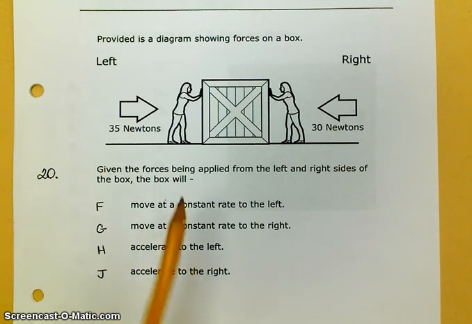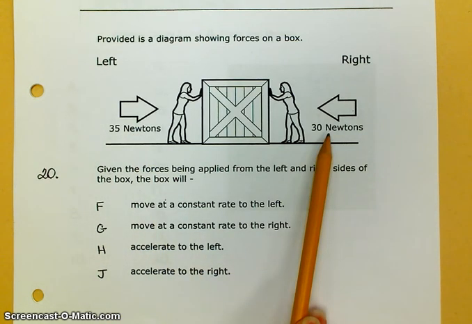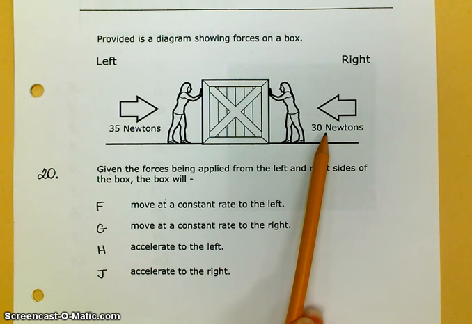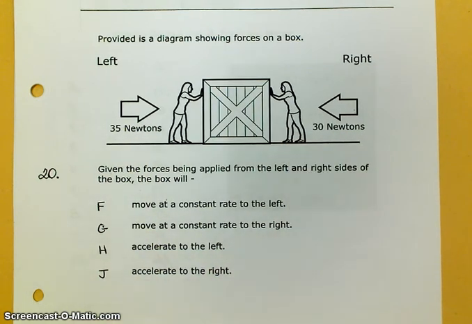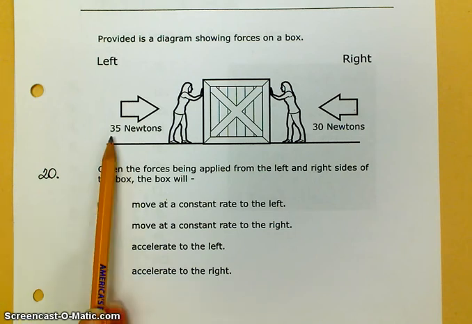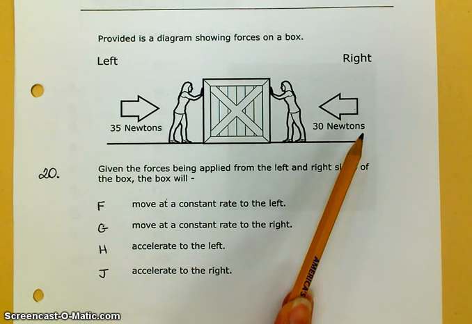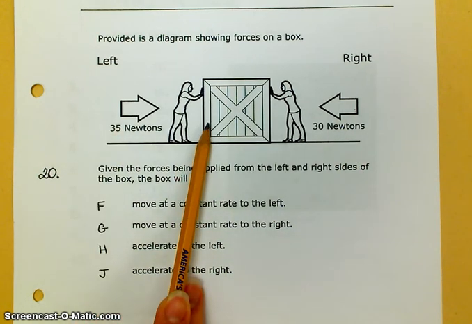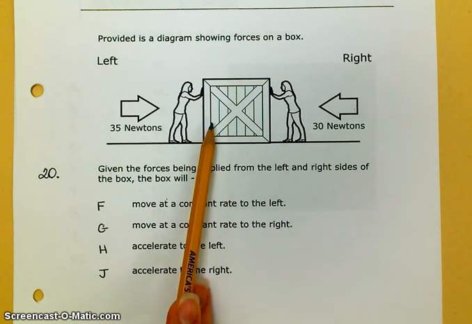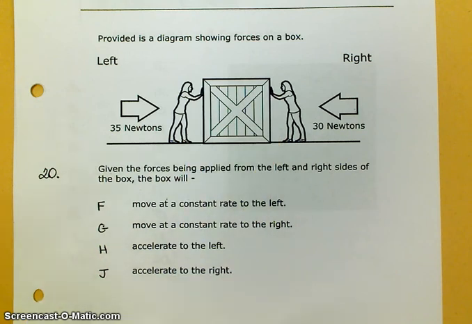Well, 35 minus 30, again we're going to subtract them because they act in opposite directions. 35 minus 30 gives us a force of 5. And since 35 is bigger and it's pointing to the right, we know that the net force on this box is 5 newtons towards the right. And that the box will accelerate towards the right because objects always accelerate in the direction of the net force.